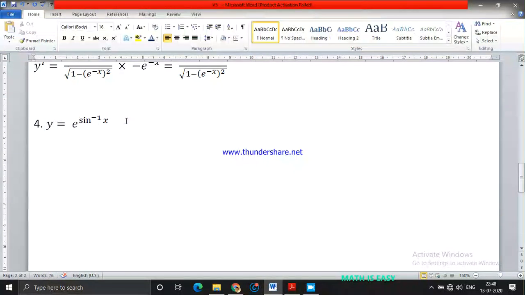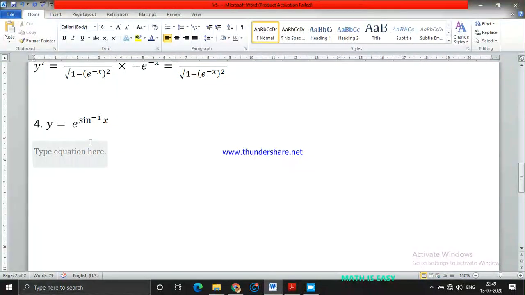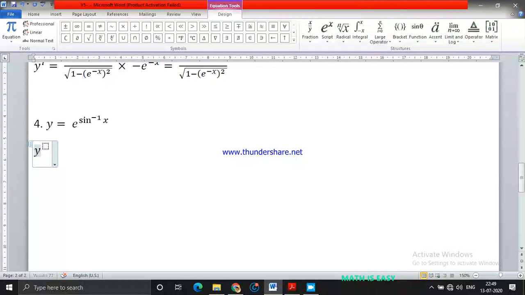Now if I take sin inverse x as theta, then I'll get e power theta. Derivative of e power theta is e power theta into derivative of theta. So first, derivative of y is going to be y dash, you can write dy by dx also. First e power theta derivative is going to be e power theta only, into derivative of theta. Derivative of theta means derivative of sin inverse x. What will come as the derivative of sin inverse x?